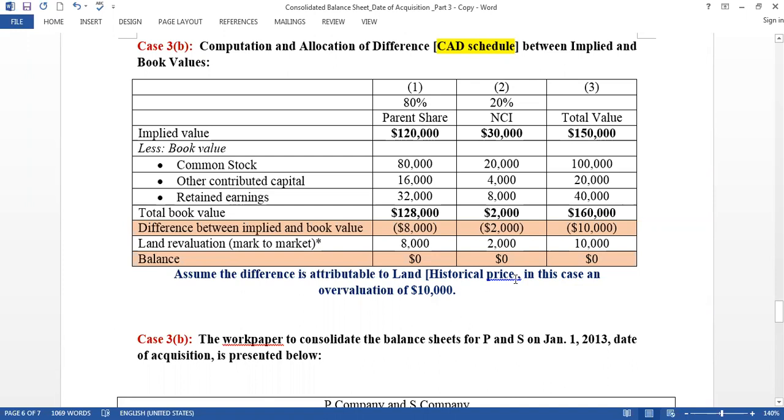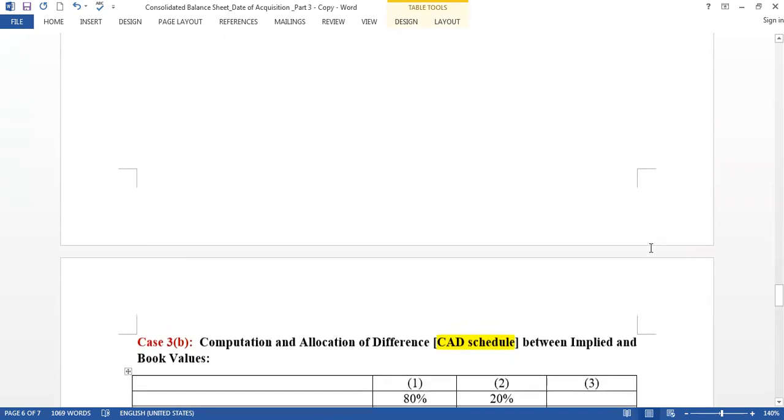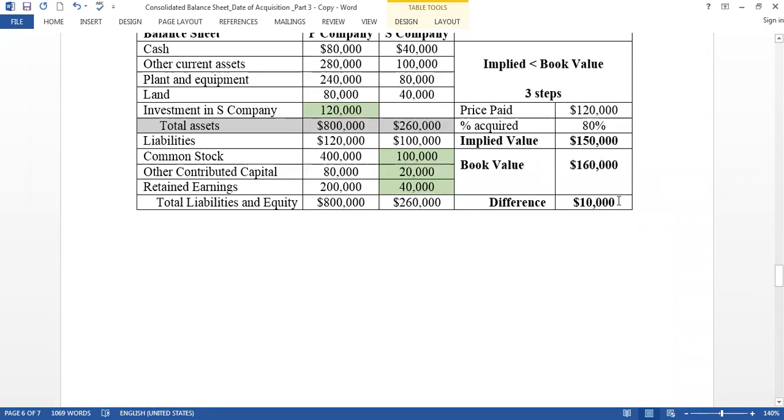Now tell me, or try to understand, is this difference good news or bad news? The difference is $10,000. Your subsidiary company's market price is $150,000, but the subsidiary company's book value is 160.